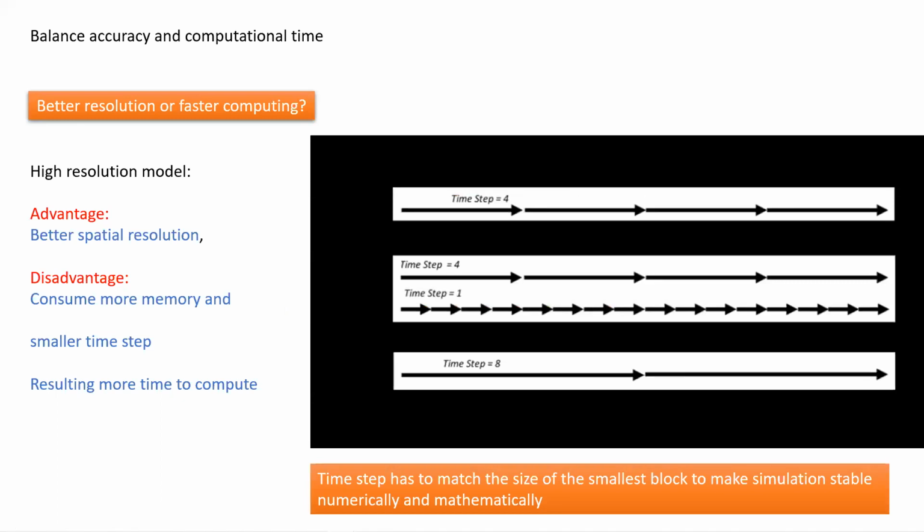Time step means the time interval between each calculation. For example, if we want to predict the meteorological variation over 1 hour, for example, from 9 o'clock to 10 o'clock, if we use a time interval of 15 minutes, let's update all the meteorological data every 15 minutes, and we only need to calculate 4 times, right?